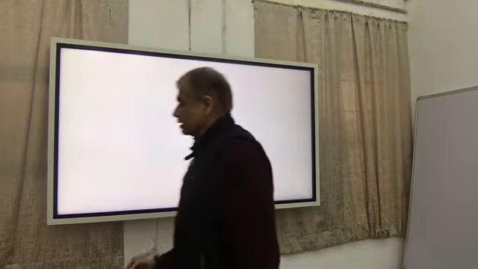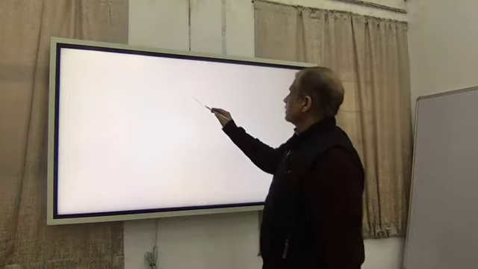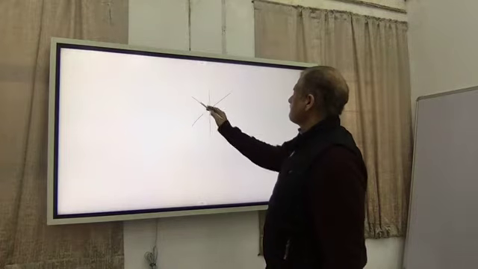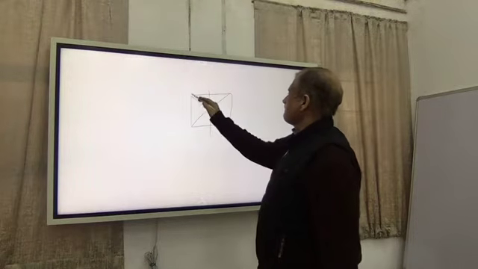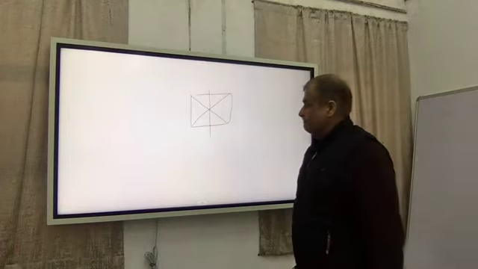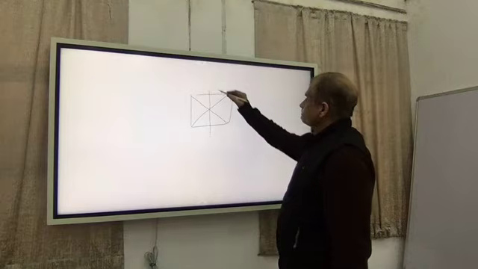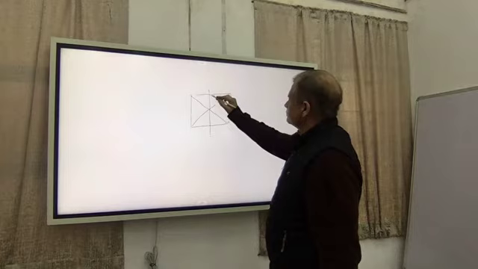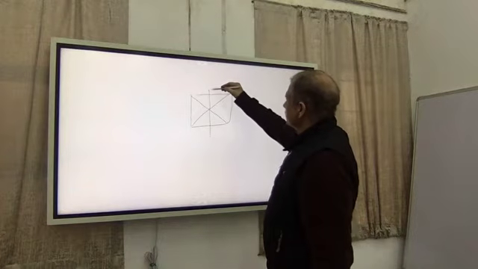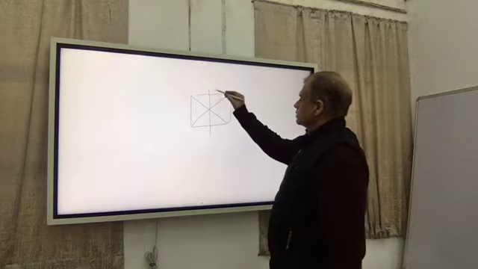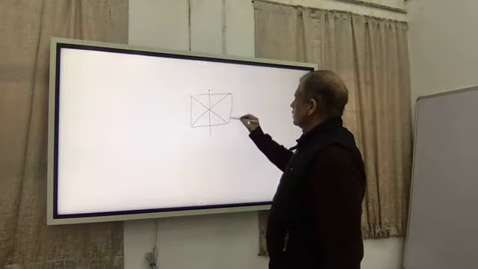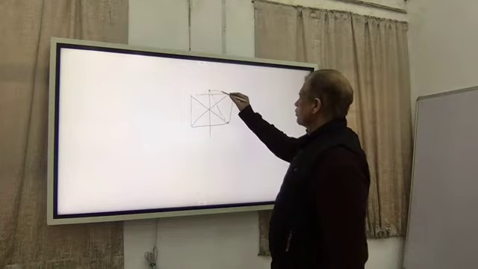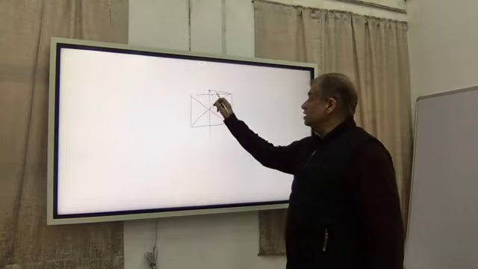We should also find out the C3 axis. So again, if you look at the octahedron, if you join this point with any two other points situated at the square plane perpendicular to this point.